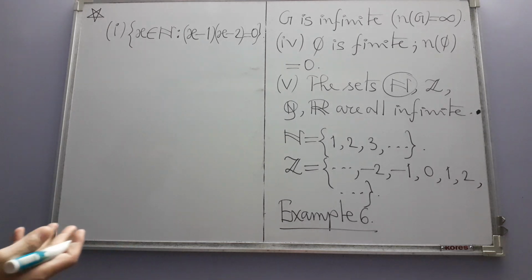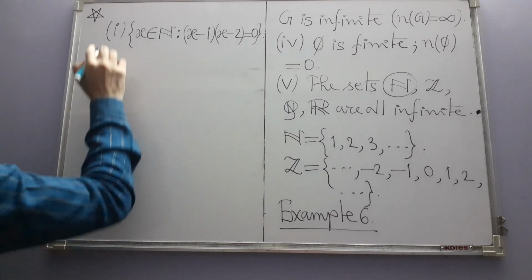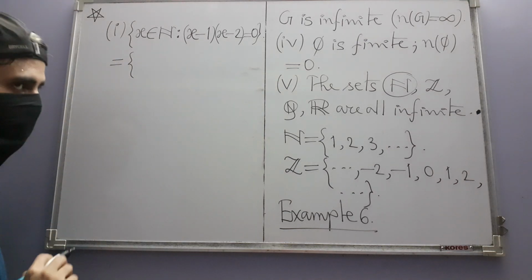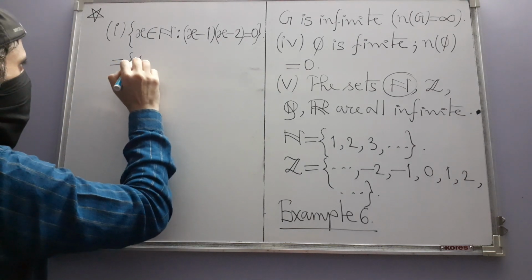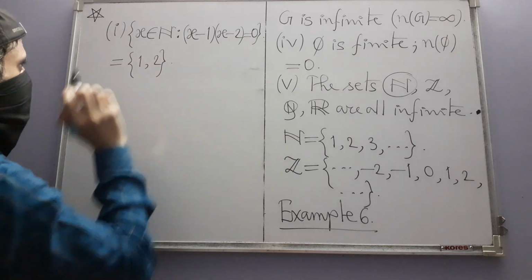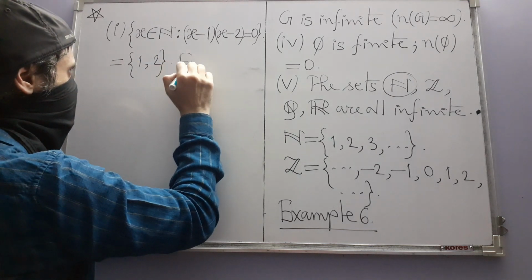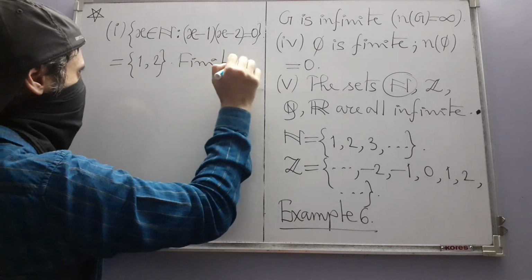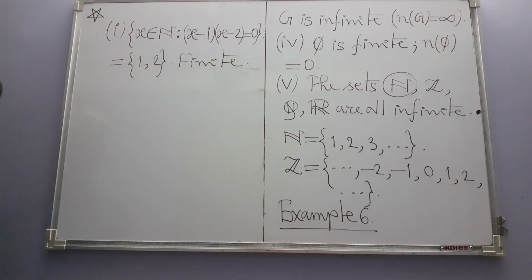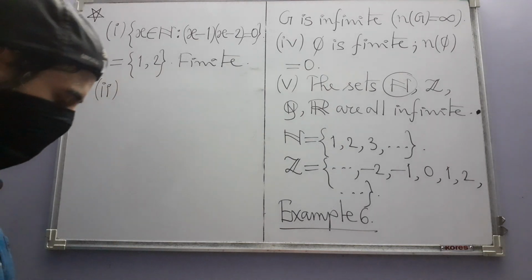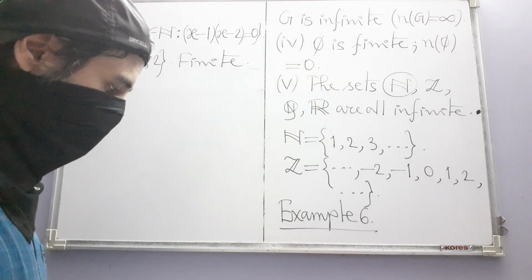You see, you are immediately able to write this set down in roster form because its elements are 1 and 2. Of course, this is finite, and the number of elements in it is 2.